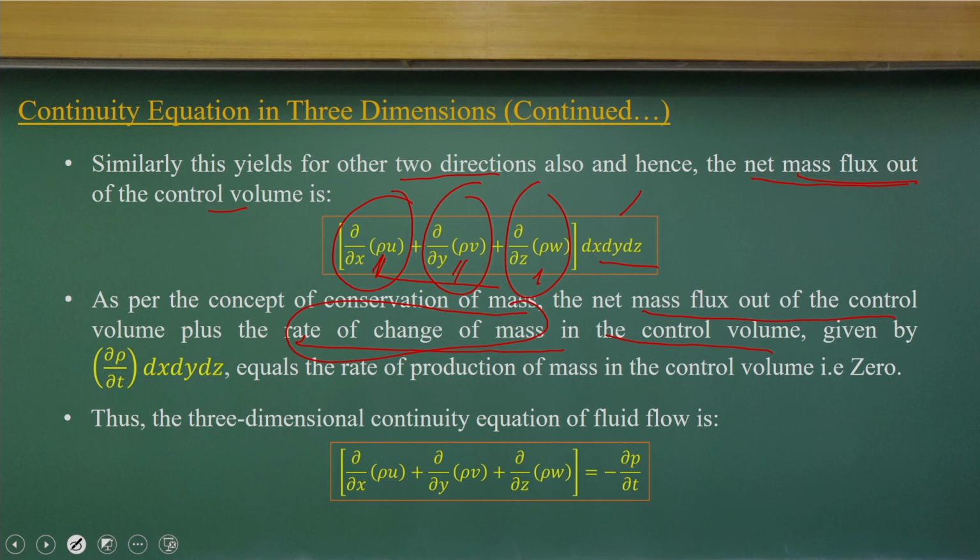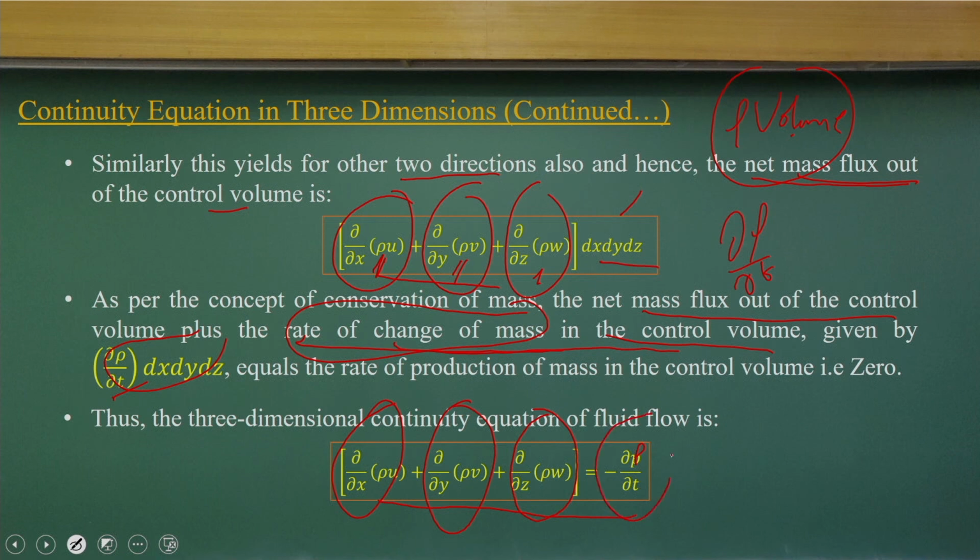The mass in the control volume is rho times the volume, and the rate of change of mass with respect to time is given by del rho by del t times the volume. If we equate these, we get this equation. This part is the net mass influx in the x direction per unit volume, this is the net mass flux in the y direction per unit volume, and this is the net mass influx in the z direction per unit volume.